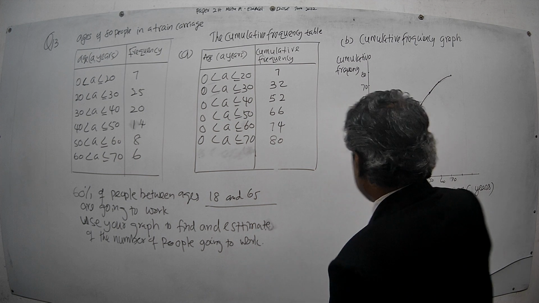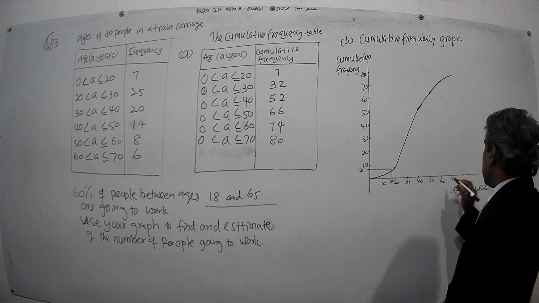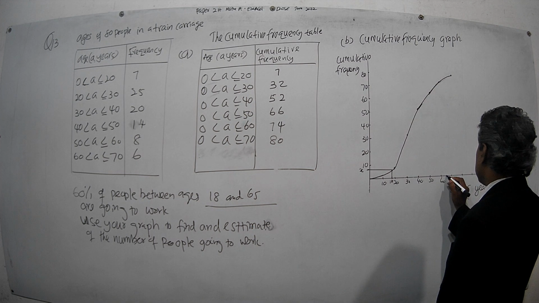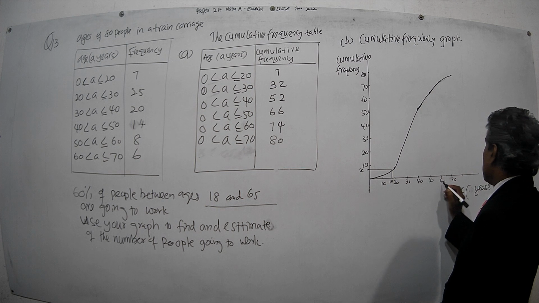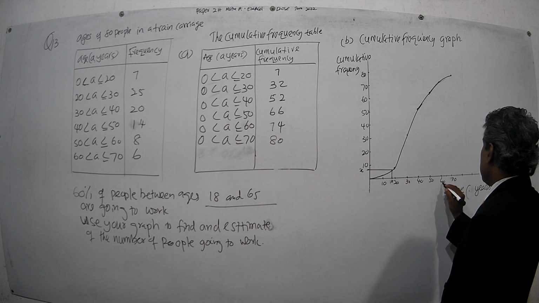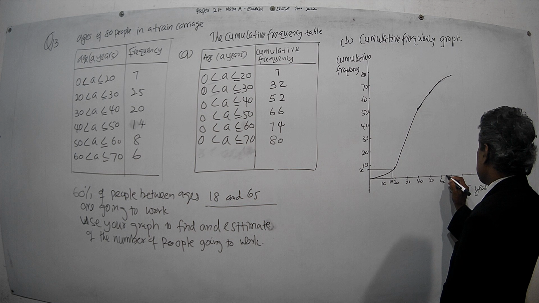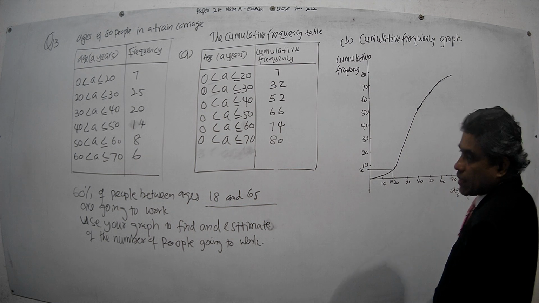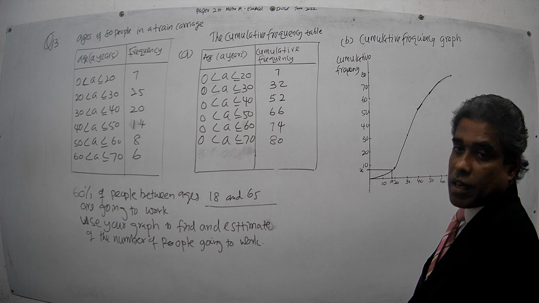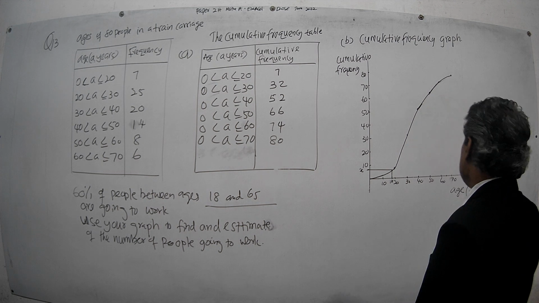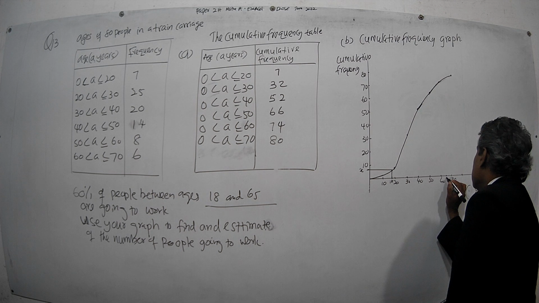Okay, then we mark the point of age 65. Go to the point of age 65, that is exactly here, the midpoint. Here 60, then 65 is the midpoint between 60 and 70, somewhere here. You mark that correctly on your graph paper, right? Now this is 65.